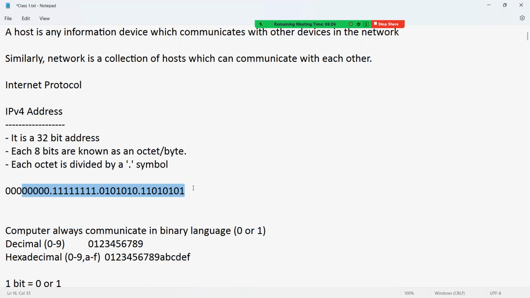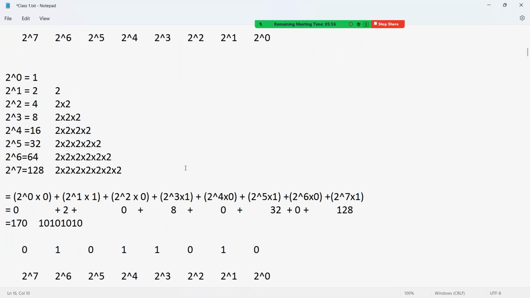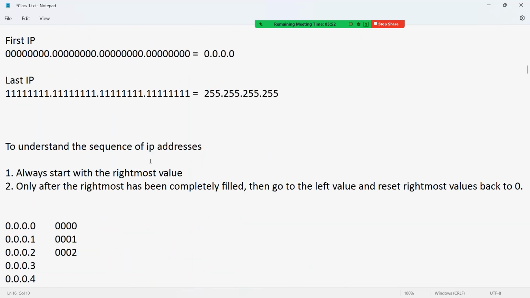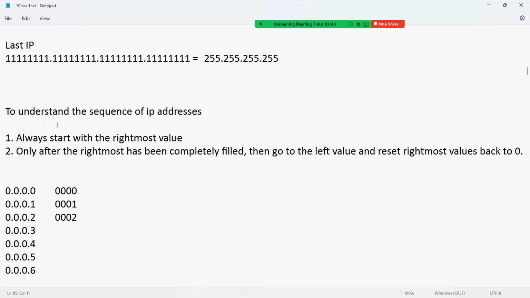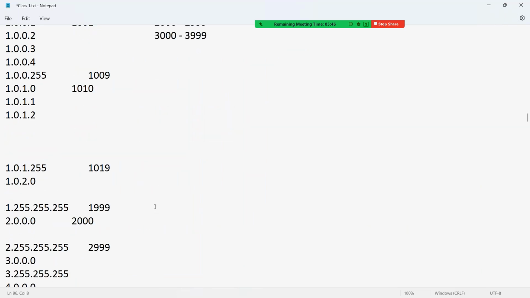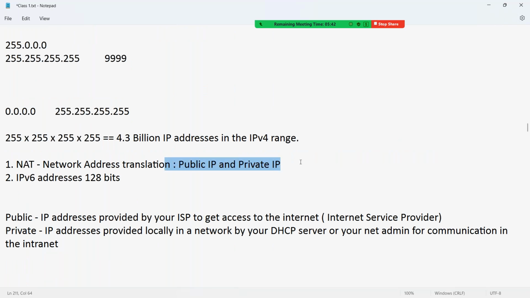It has 32 bits, each IP is separated into 4 equal parts called octets, and each octet is separated by a dot. After that, I explained how to convert binary to decimal numbers, then the range of IP addresses: what's the first IP, what's the last IP, and what is the sequence of IPs. After that, we talked about the different types of IPs, public and private.